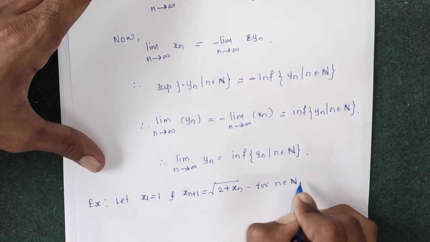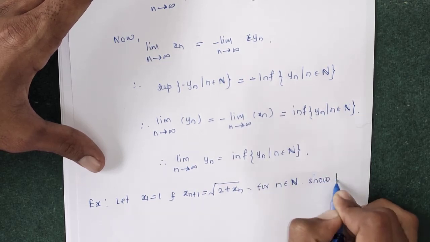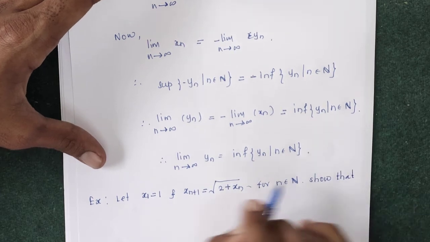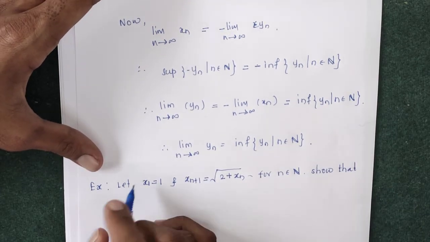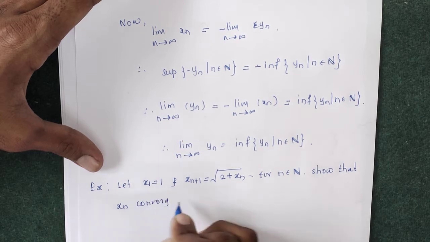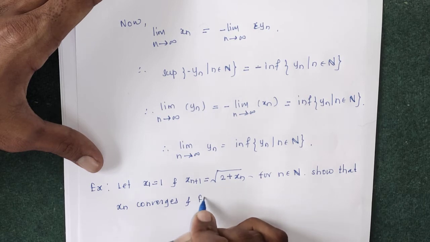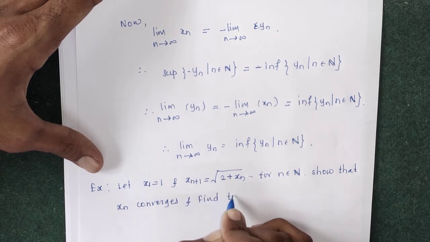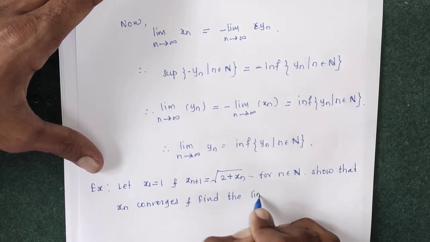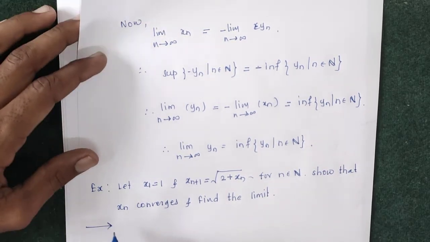Show that this sequence xn converges, and find the limit.